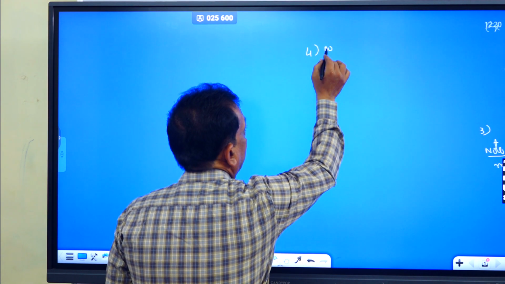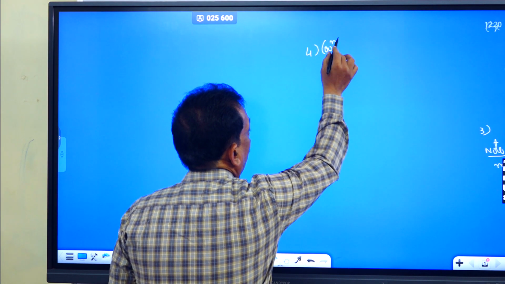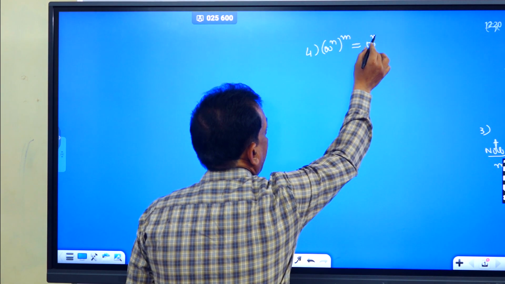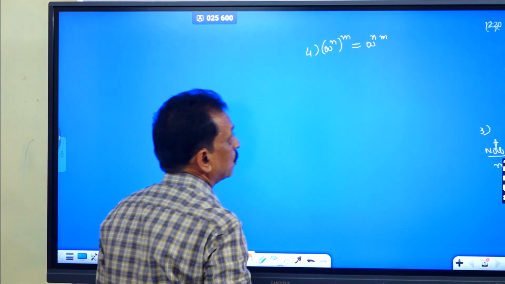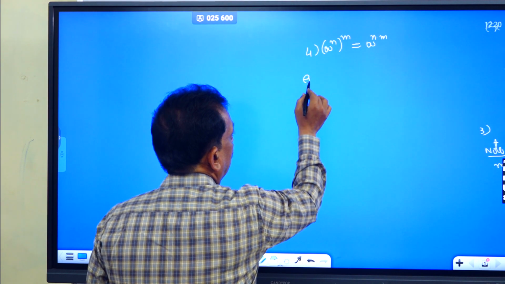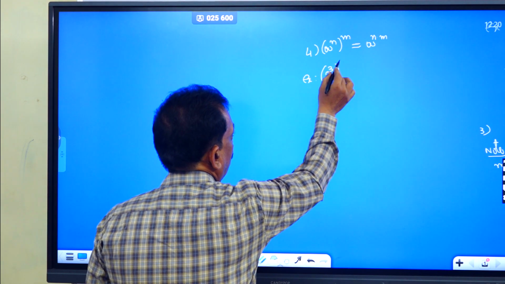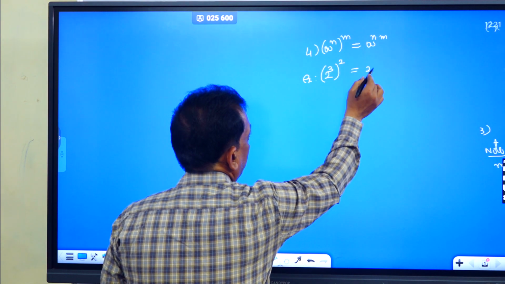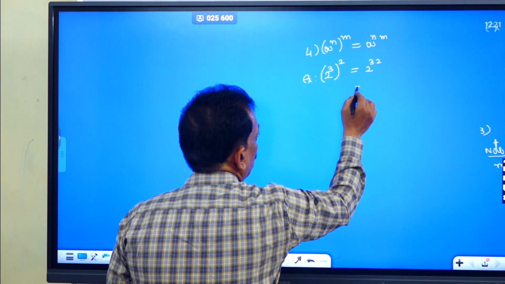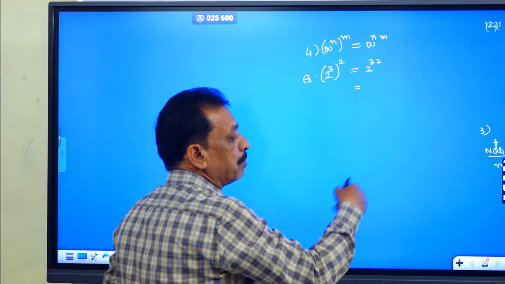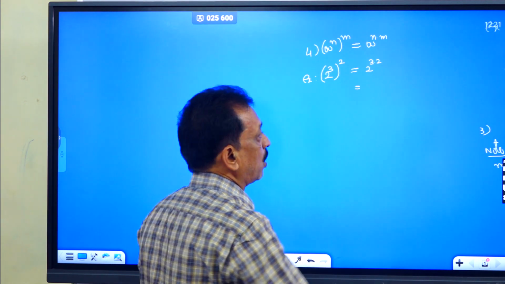a to the power of n whole to the power of m is equal to a to the power of n into m. For example, 2 to the power of 3 whole to the power of 2 is equal to 2 to the power of 3 into 2. We studied this in 7th class and 8th class also, but without it we can't do any problem.